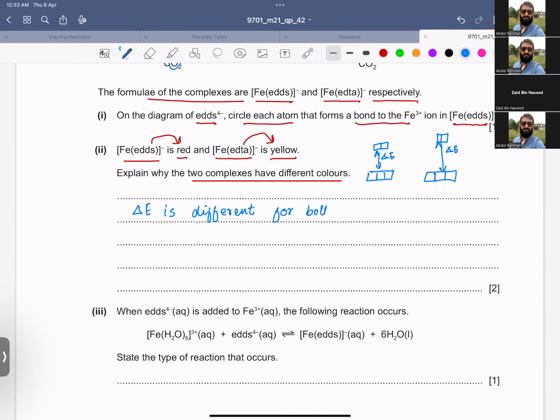for both the complexes. So a different frequency of light is absorbed.